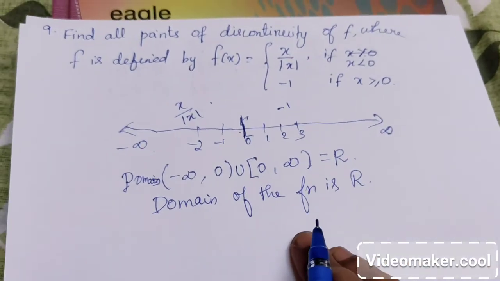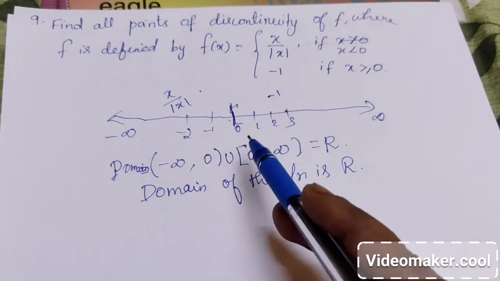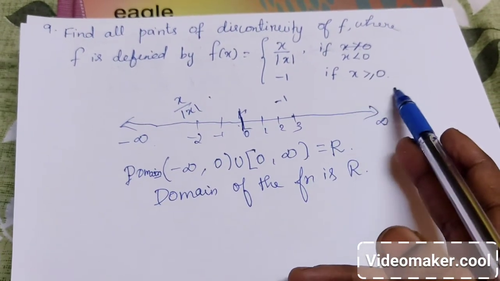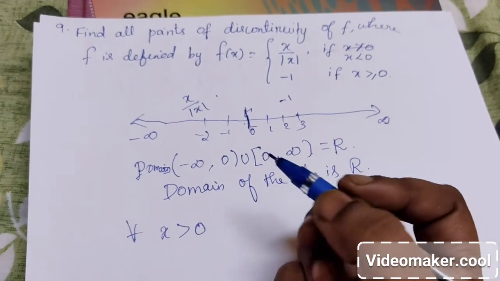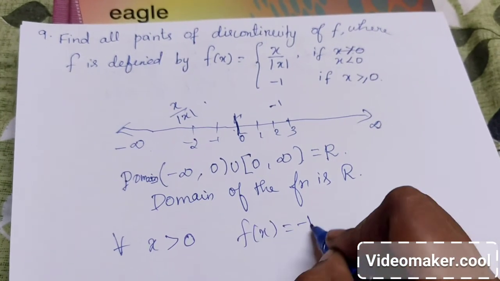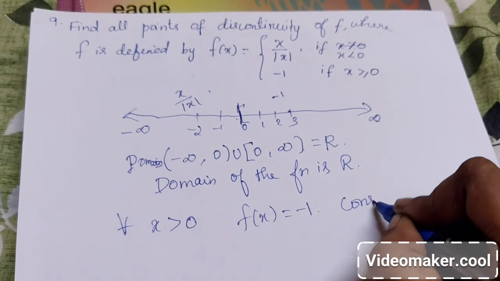Now we will consider the continuity. For all x greater than 0, f of x will be -1, which is a constant function.